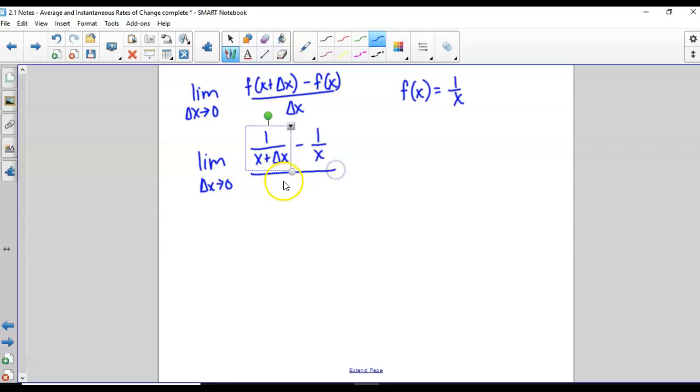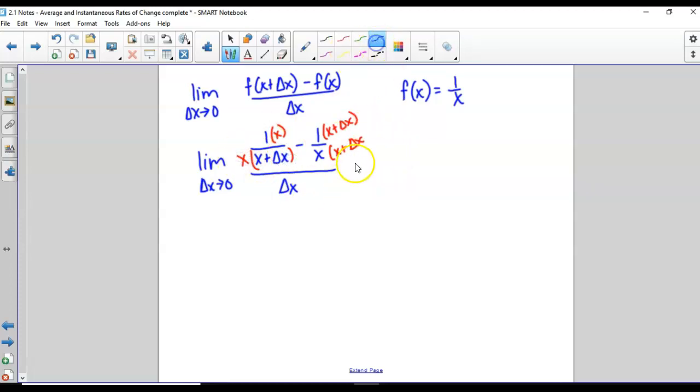Put this all over delta x. So I'm using that other definition. If I do that, then it's harder to solve. I've got to multiply this by x plus delta x on top and bottom. I've got to multiply this one by x on top and bottom.